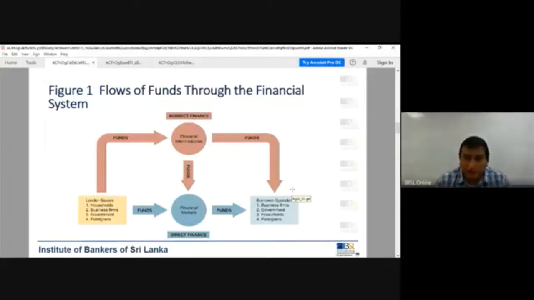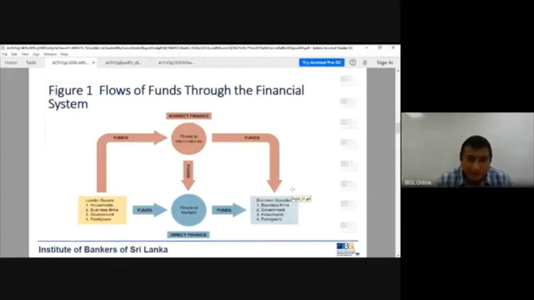We don't want to get into that, but they don't have enough resources. So they wanted to channel some saving from the other side of the equation. So they also include business firms, even households, the government, foreigners, all there. It's no different.